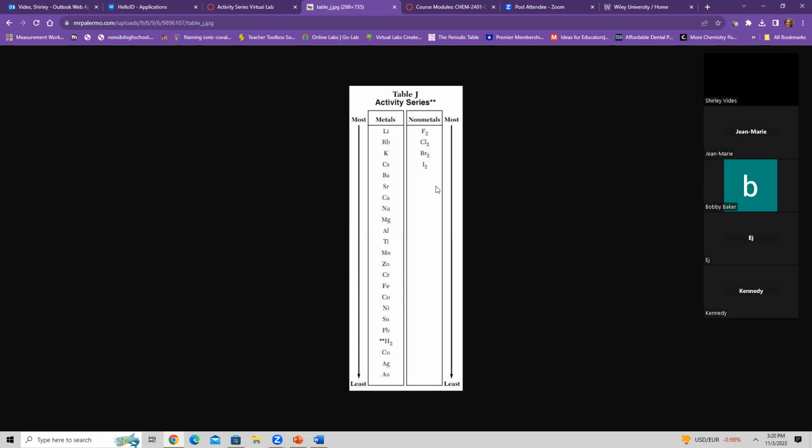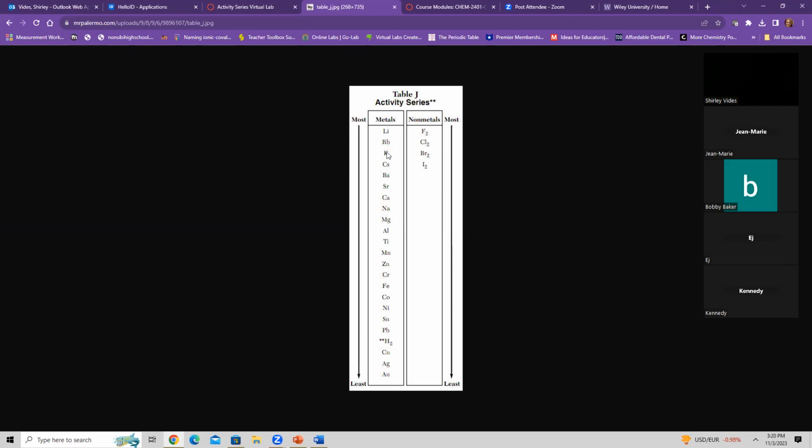But anything above, for example, lithium, there's nothing above lithium, so we cannot talk about lithium. But rubidium, for example, will not replace lithium, but it will replace everything below it. So anything could replace lithium? Yes. Rubidium will not replace lithium at all, ever, because it's less active.